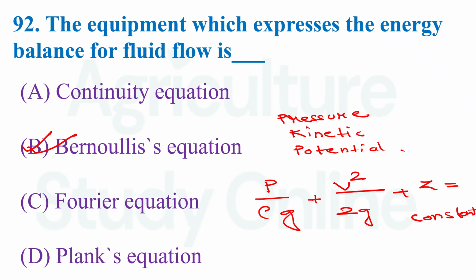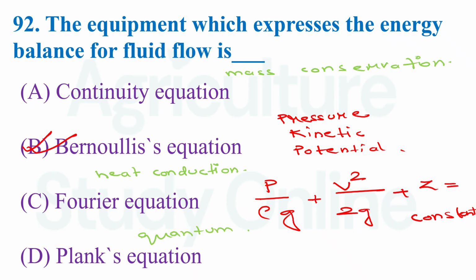Whereas the continuity equation is for mass conservation. Fourier's equation is for heat conduction. And Planck's equation is for quantum. So for energy balance in fluid flow, it is Bernoulli's equation.